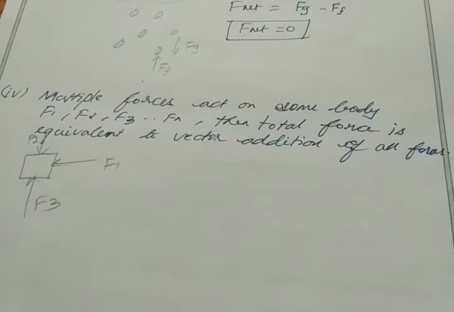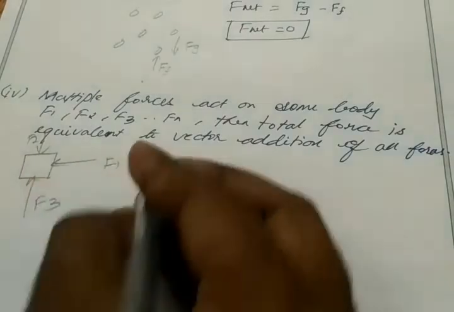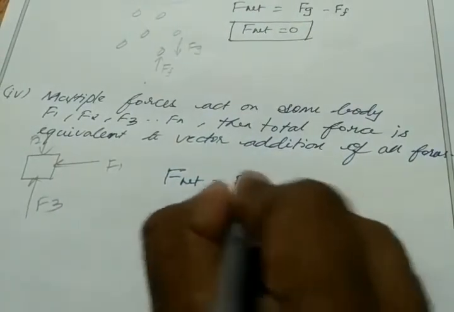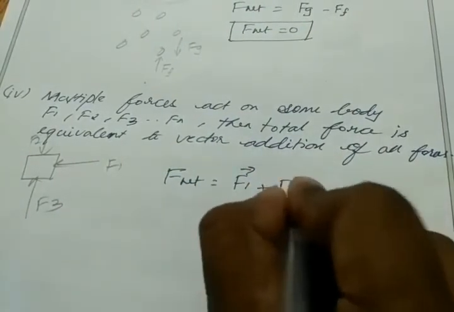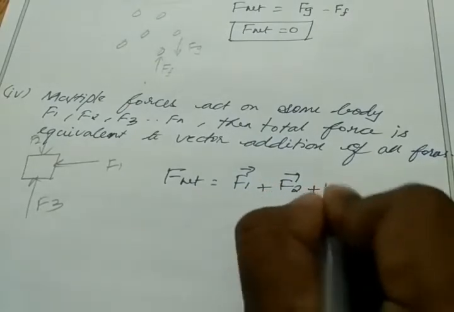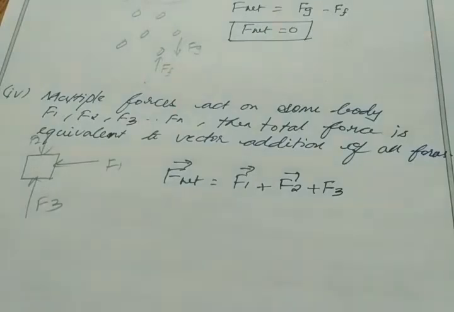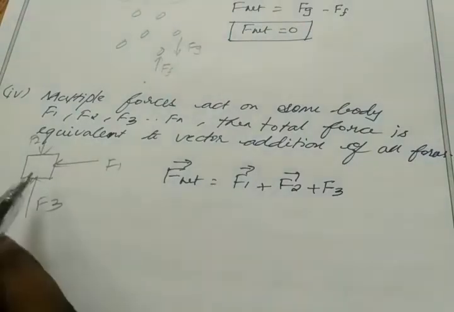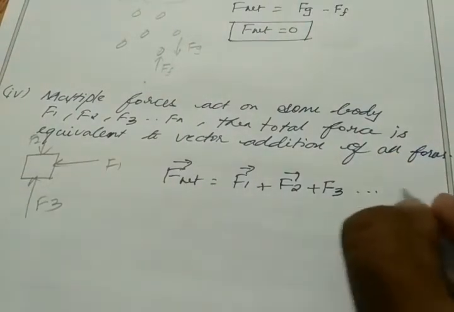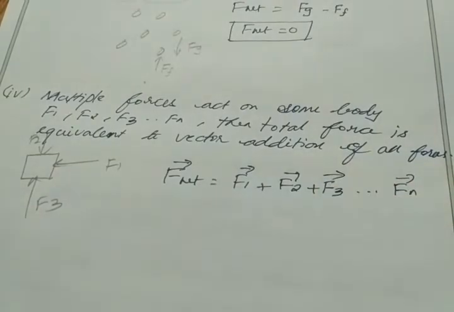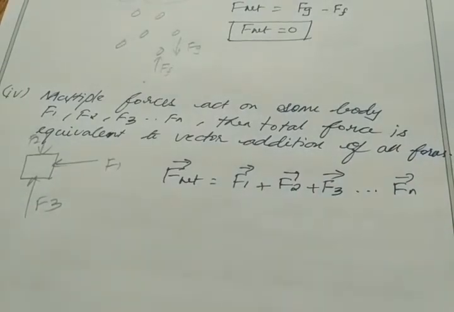Then the total force, F net, acting on this object is F net equal to F1 plus F2 plus F3. If n number of forces act on this object, then the total force is the sum up to Fn. So this is the fourth discussion.